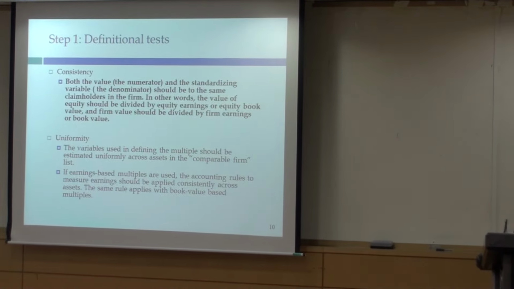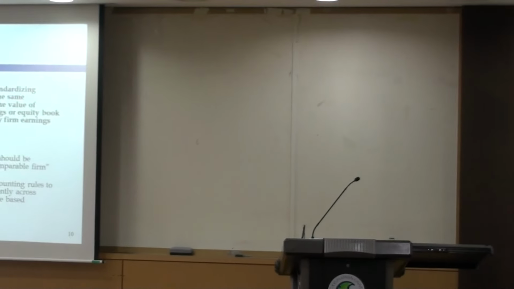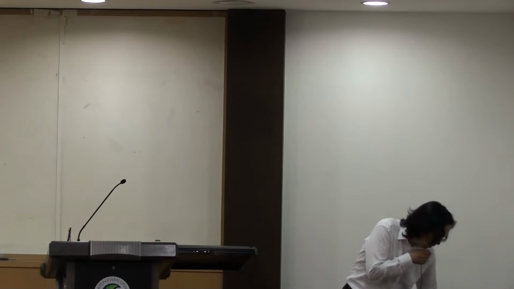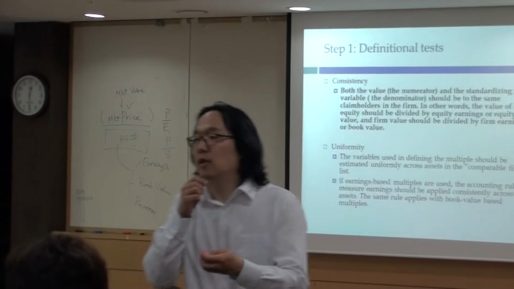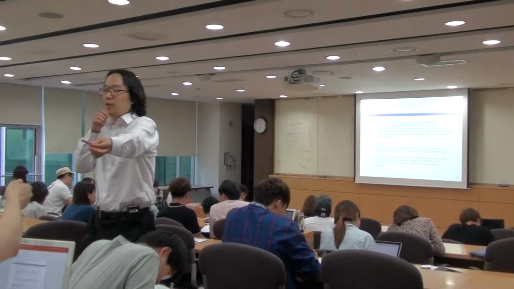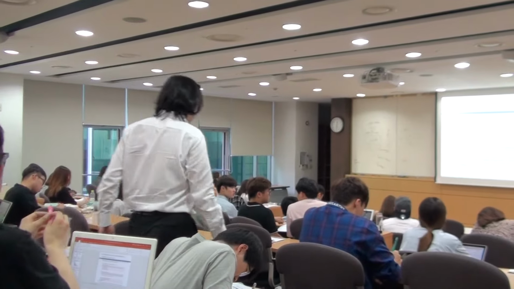It is inconsistently defined. Why? Because price is about the equity, but the sales belong to both debt holders and equity holders, right? Once you sell any asset, you have to worry about the interest payment. Those things are already in the sales, as well as the net income that goes to your equity holders.